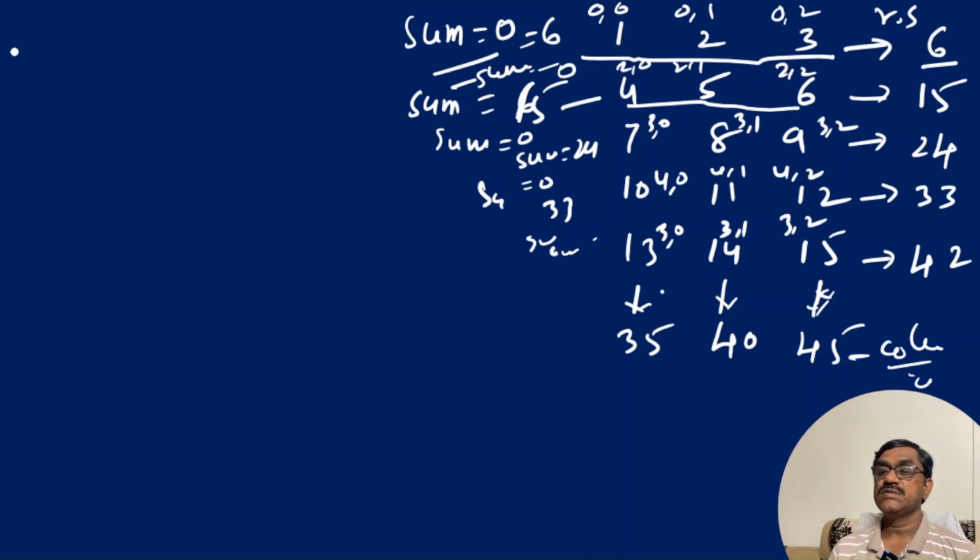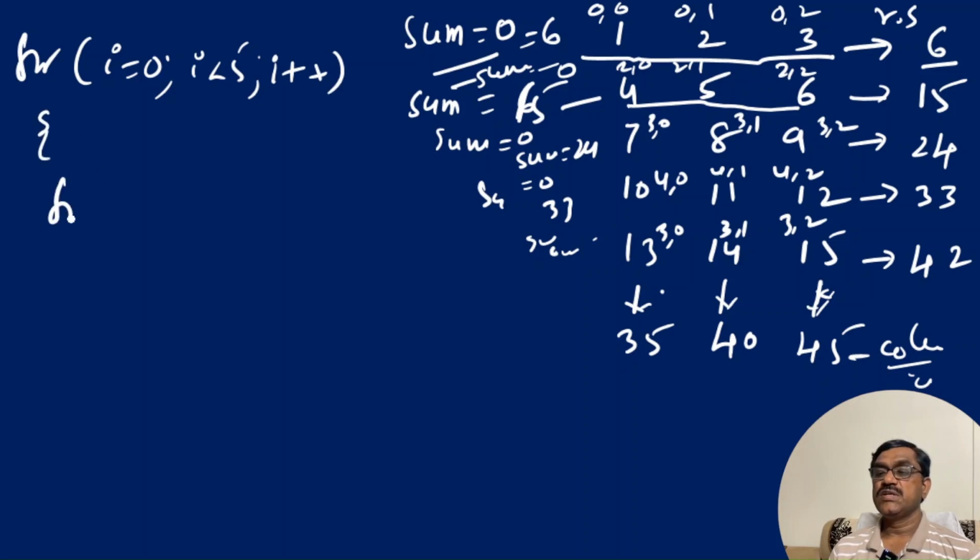So what we have done is we have said for i equals 0 and i is less than 5, i plus plus. Within this opening brace, we said for j equals 0 and j is less than 3, j plus plus. Here there is actually no need of writing an opening brace.